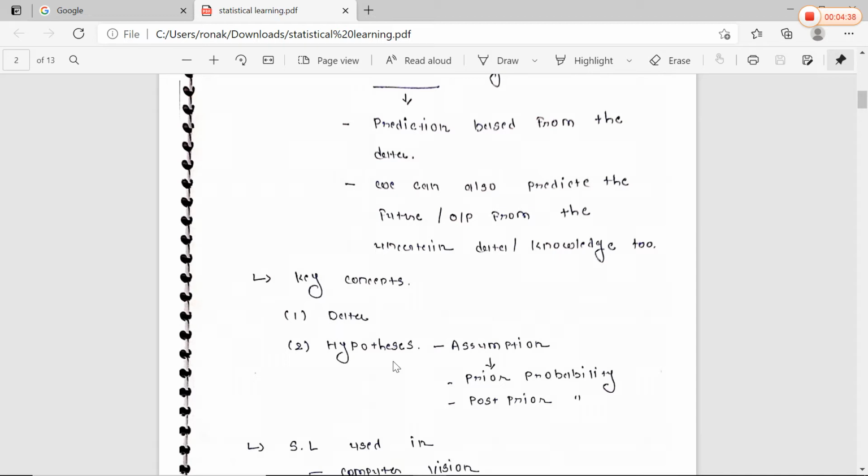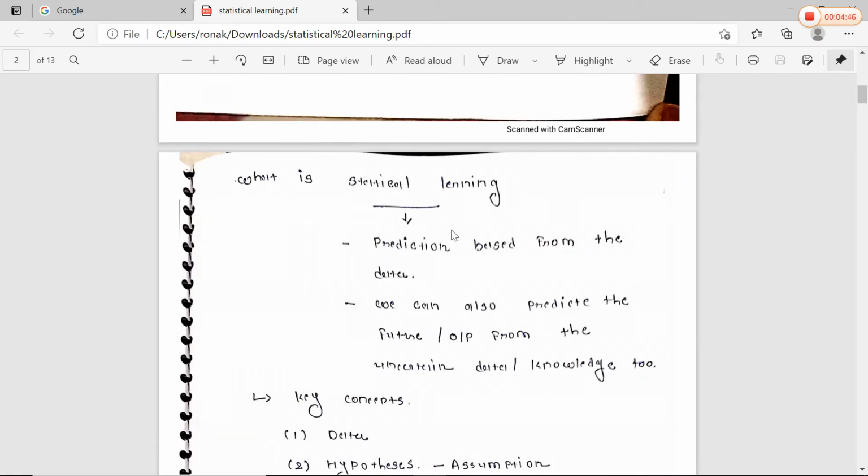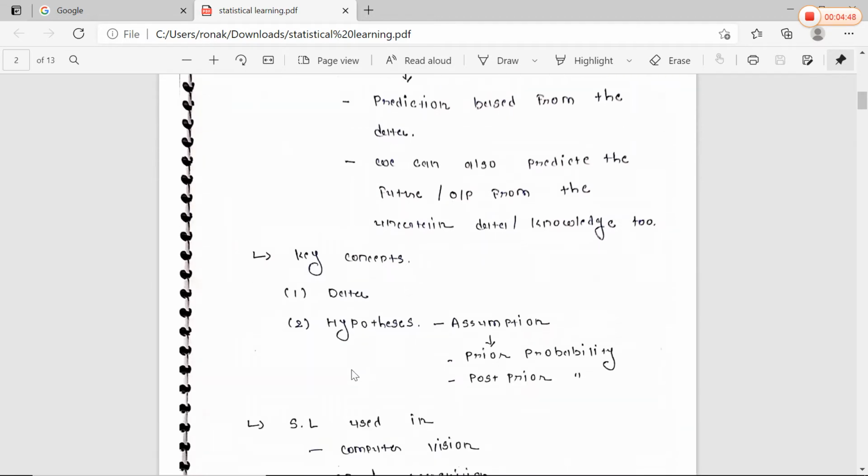In these searches we used a heuristic value, that means an assumption value. In our statistical learning case, we use the hypothesis value. That means the first one is the data, which is our knowledge, and the second one is the hypothesis.